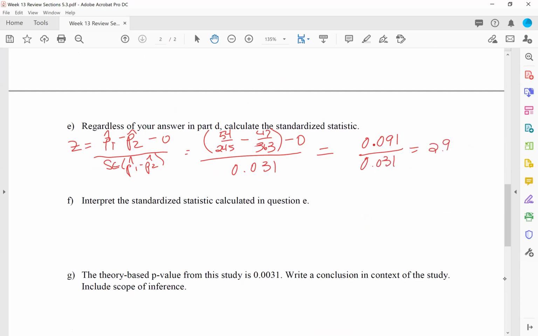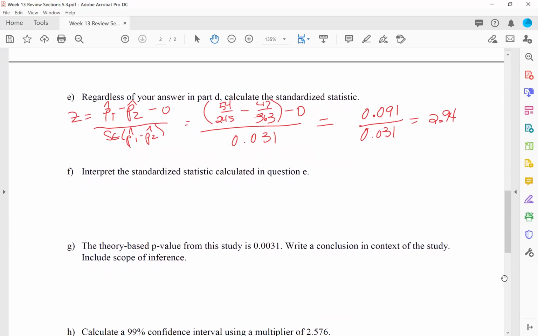It's 2.94. And a high standardized statistic tells us what? That we have strong evidence against the null.